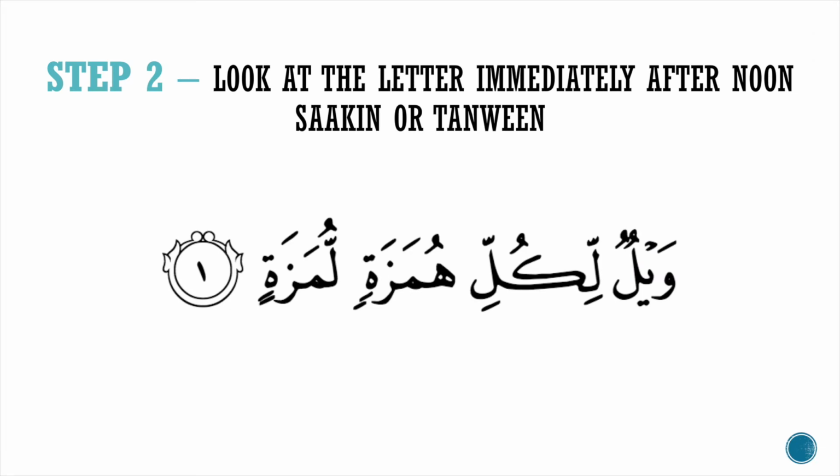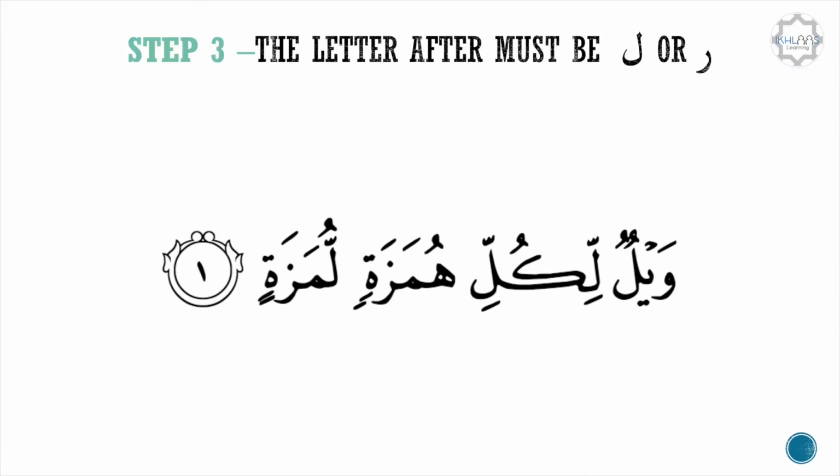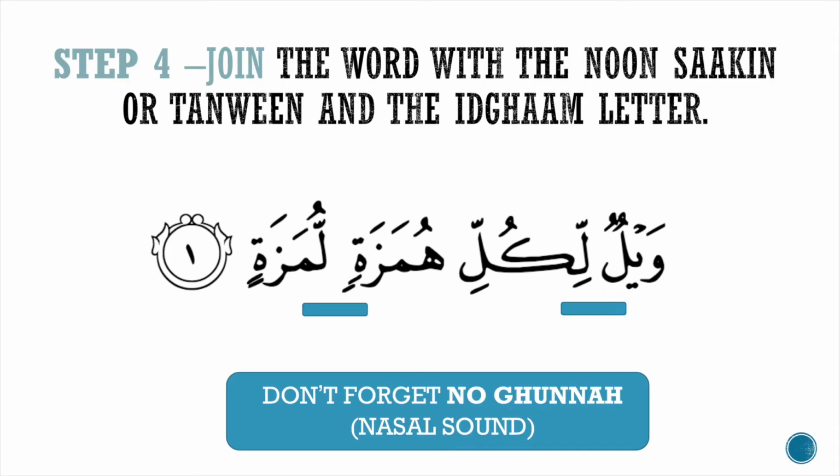Look at the letter immediately after the Noon Saakin or Tanween. Step 3. The letter after must be Lam or Ra. So the first Tanween of Dammatain is followed by the letter Lam, and the second Tanween of Kasratain is followed by the letter Lam. So it is idgham without ghunnah.